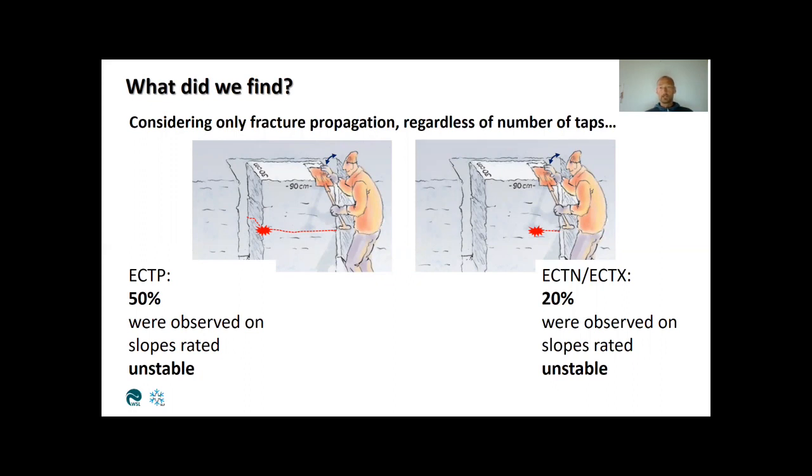This compares to ECTN or ECTX, which were only on 20% of the time observed on slopes rated unstable. So quite clearly, we do have a difference between ECTP and ECTN in terms of their correlation with slope stability. This finding matches very well with what Karl Birkeland and Ron Simenhois showed in 2009.